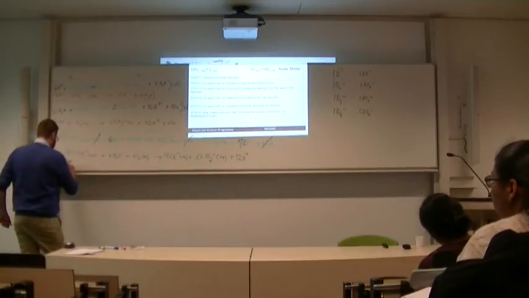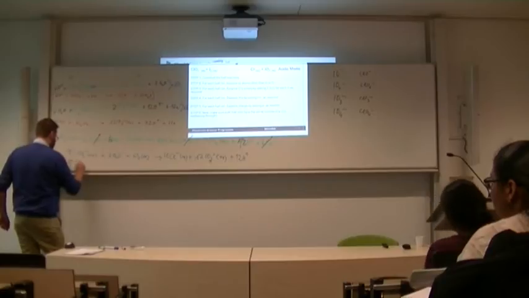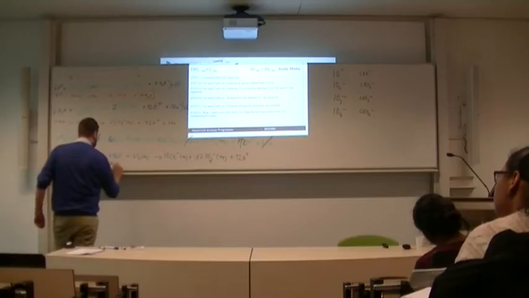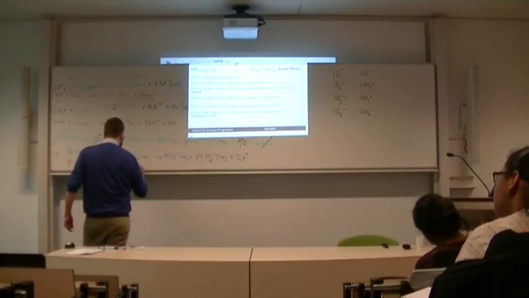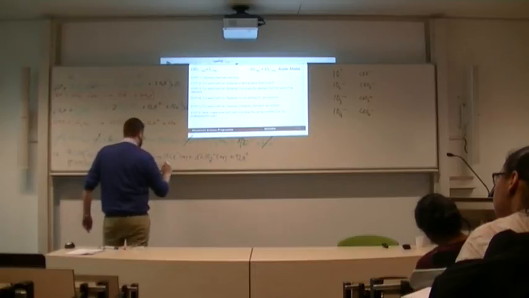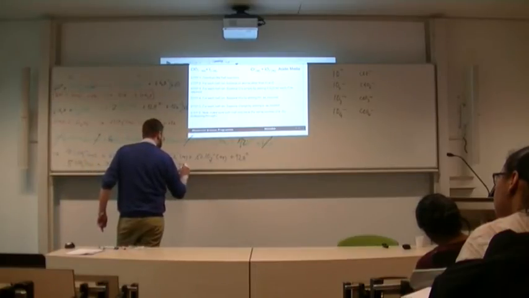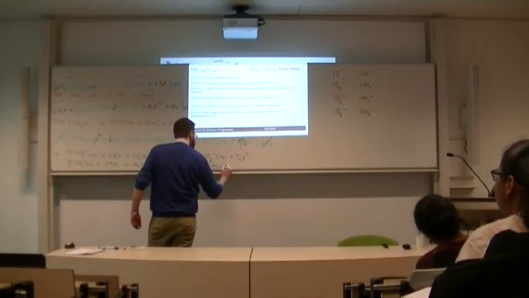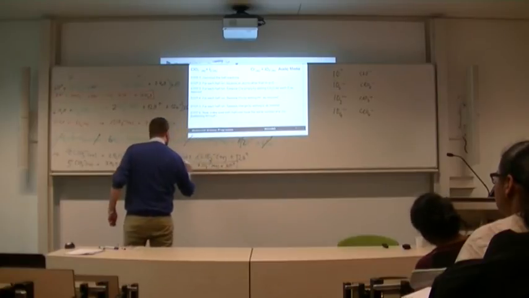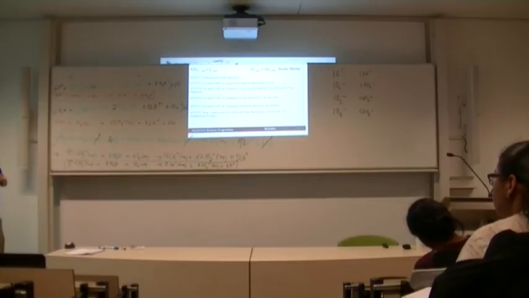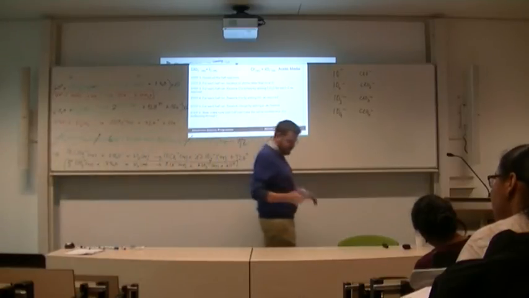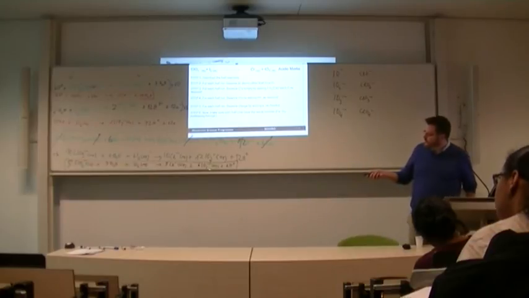We'll end up with 5 ClO3 minus plus 3H2O plus 3I2 goes to 5Cl minus plus 6IO3 minus plus 6H plus. That is the final solution. As you can see, you can count it up and check that everything on the left equals everything on the right.